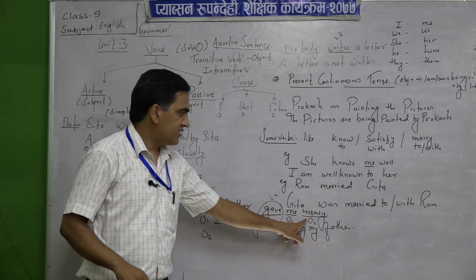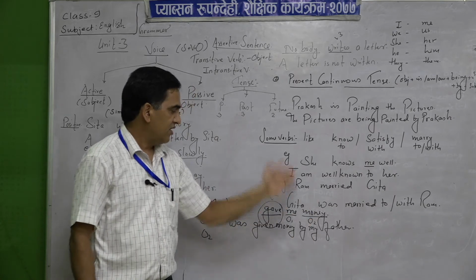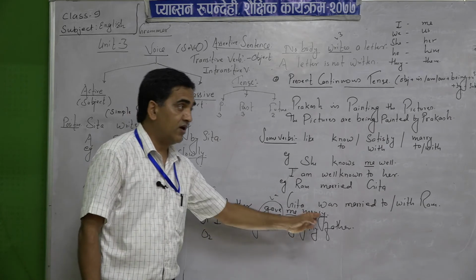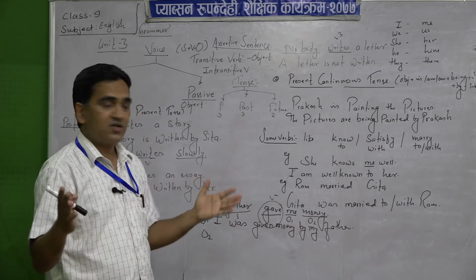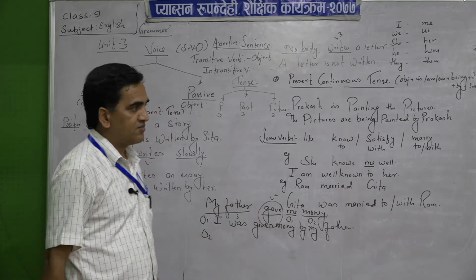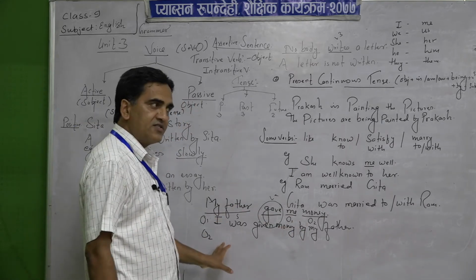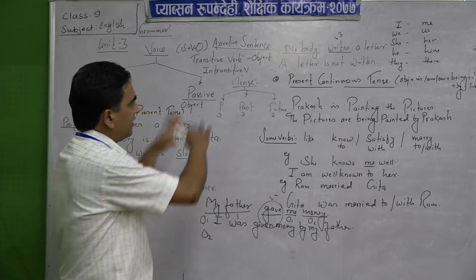Just like me and money, one is a direct object, another is an indirect object. So, my dear students, you can see two sentences here.